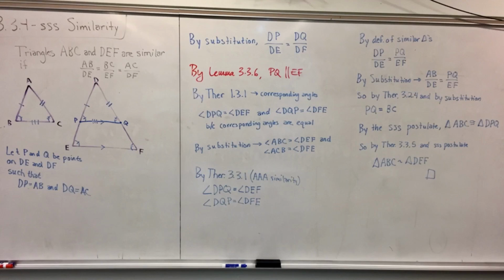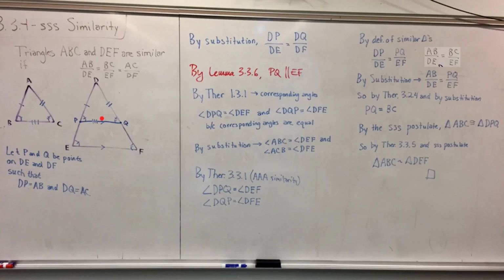But where else have we seen the ratio AB to DE? We saw it from over here. From the assumption in our problem, AB over DE was equal to BC over EF. And so now, comparing these ratios over here, we can make the argument that multiplying both sides by EF, PQ is congruent to BC.